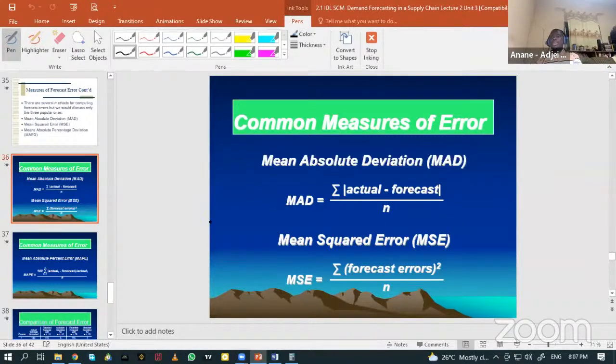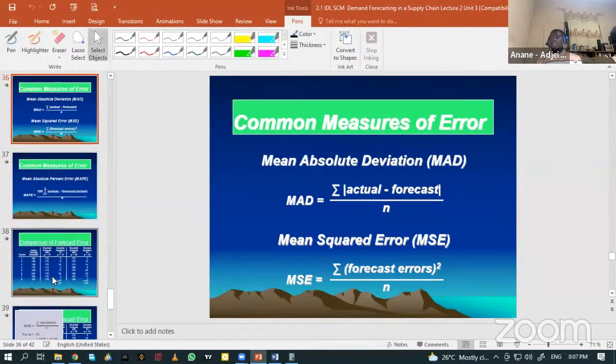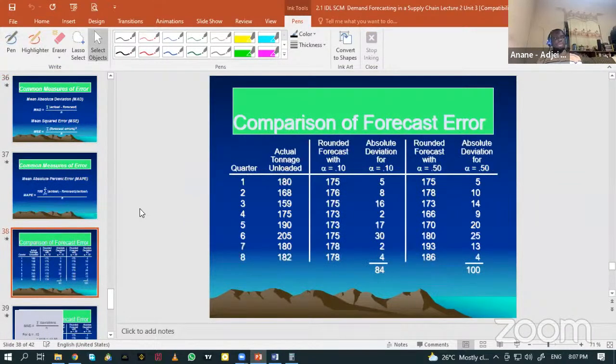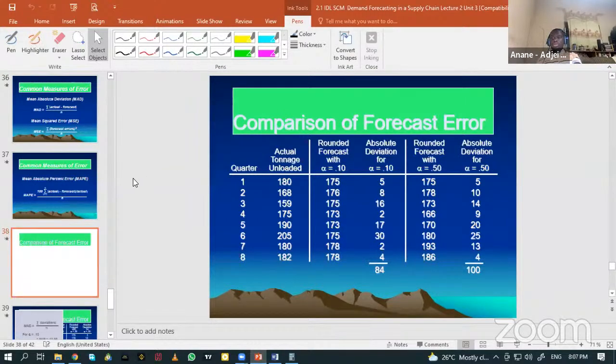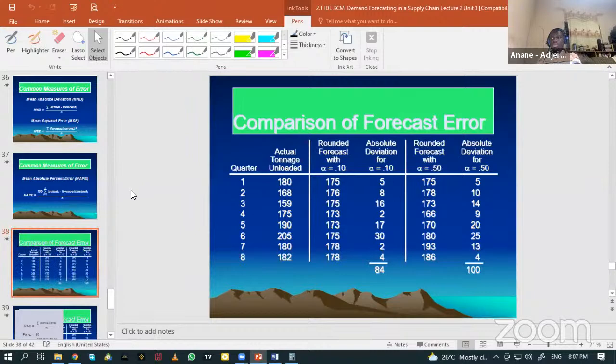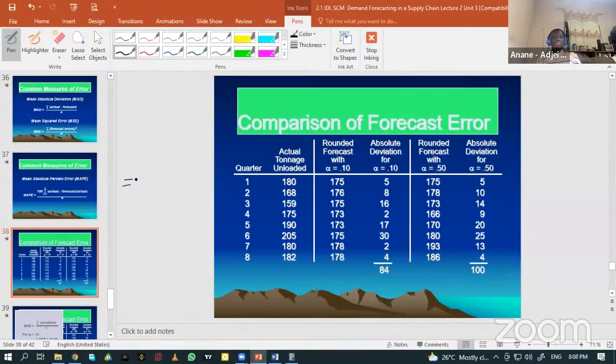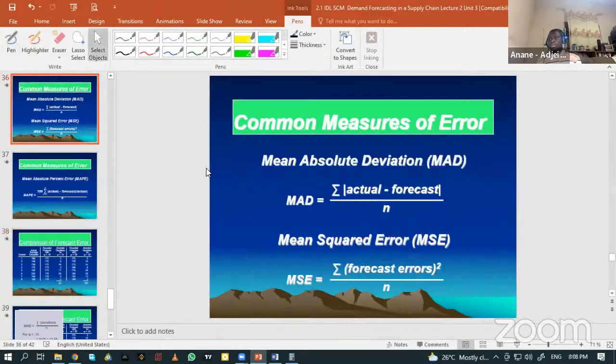To calculate the mean absolute deviation, this is the formula. It is equal to the sum of the absolute value of actual minus forecasted figure.